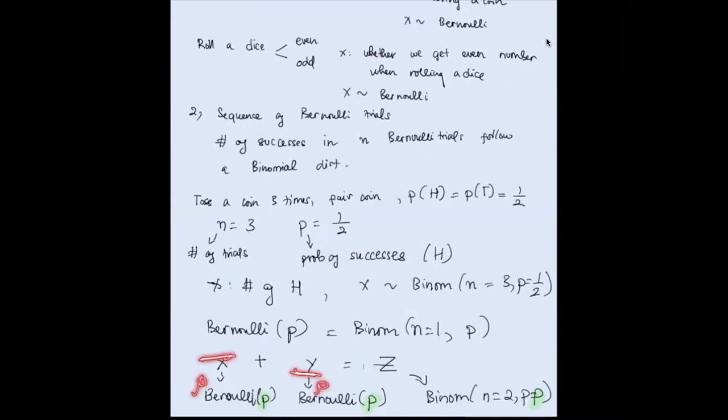Then if you add the number of successes here and the number of successes here, you will have the total number of successes when you perform 2 trials, where the probability of success in each trial is p. So that's the way to intuitively understand it. In upper year courses like 256, you will actually have to prove this.